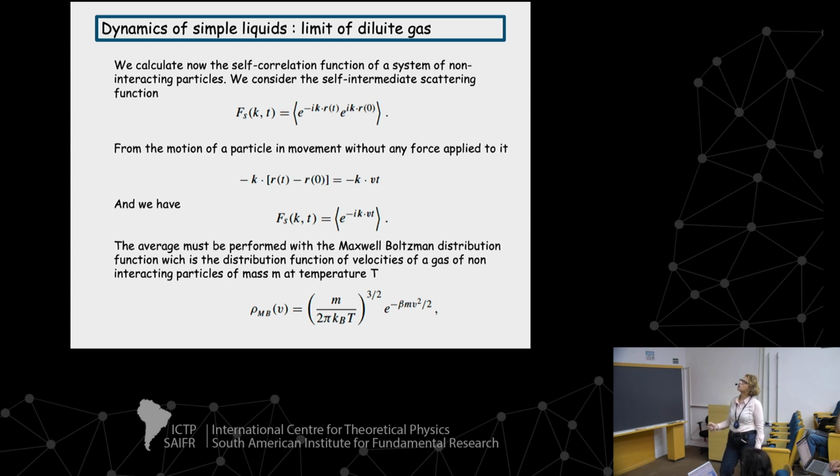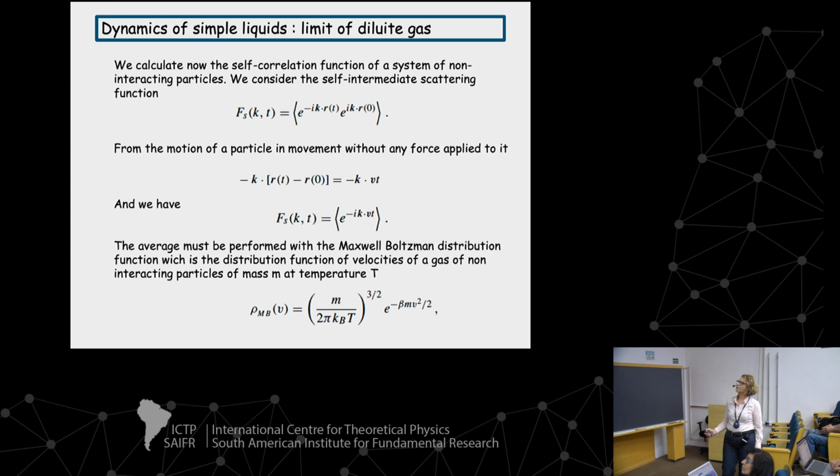This is the definition that we gave yesterday. This, as you might remember, is the Fourier transform of the delta, so of the density correlation. So from the motion of a particle, if we have a particle that is moving and there is no force applied to it, from physics 1, this is the behavior of the particle, okay?